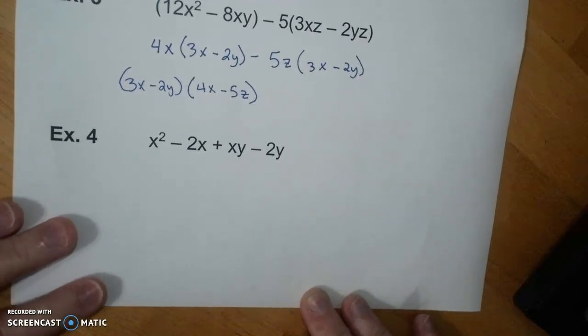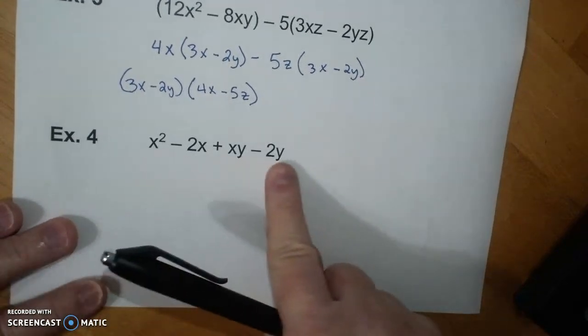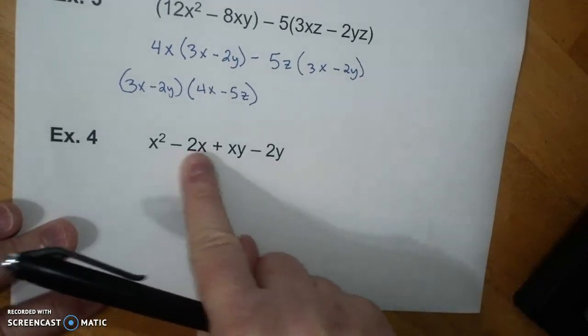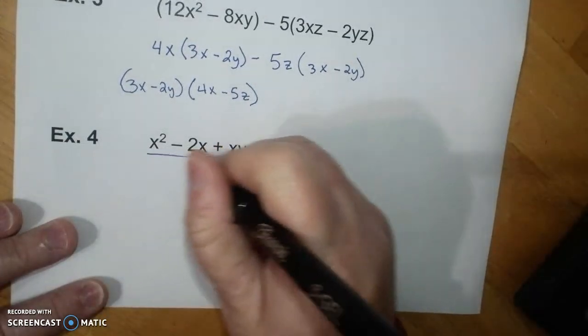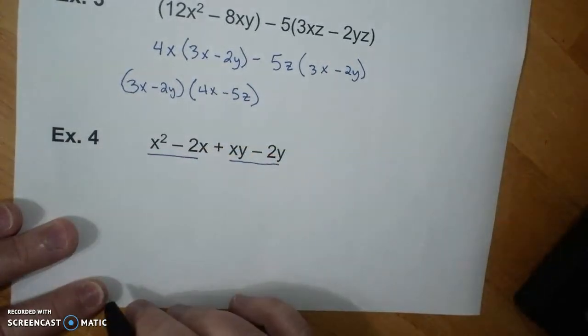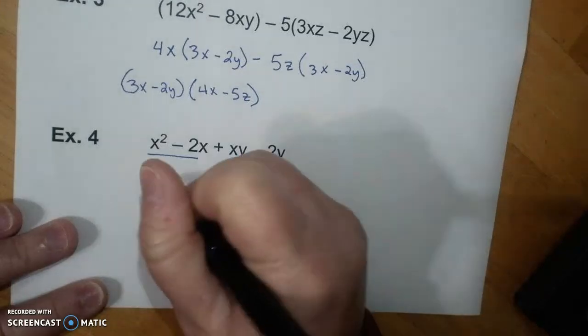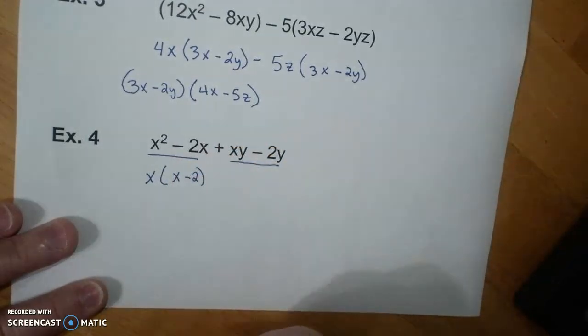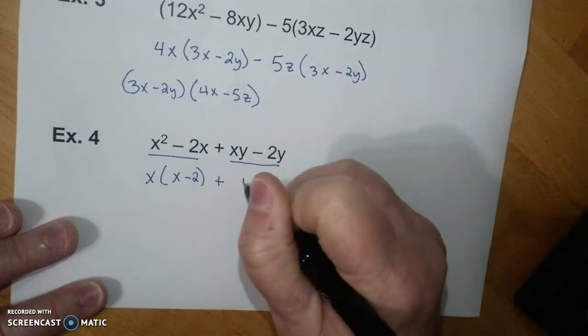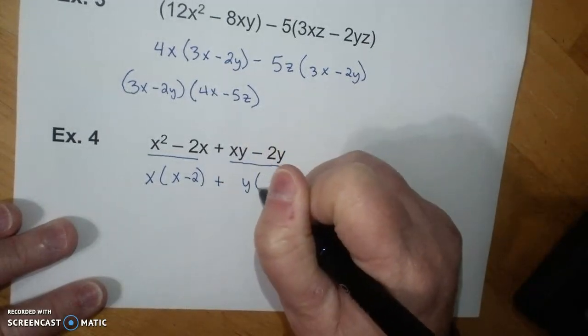Okay, in here, you're going to look to see if you can pull things out in groups. So I noticed that this and this have some commonality. So I'm going to pull out an x, and that would be x minus 2. And I'm going to add it, and I'm going to pull a y out of that clump.